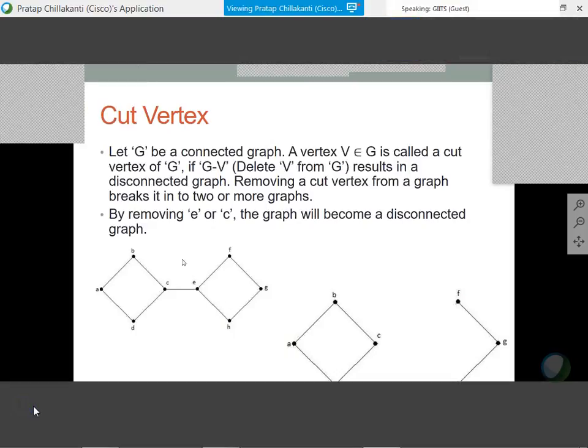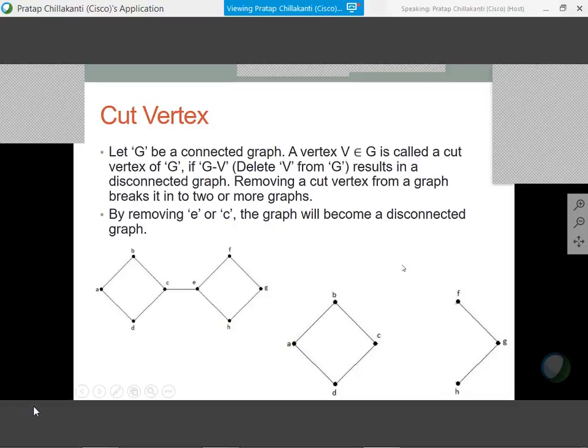If you remove that vertex, the graph is going to get disjointed. By removing either C or E, in this case I removed the vertex E, all the edges incident on E would go away because that vertex does not exist.